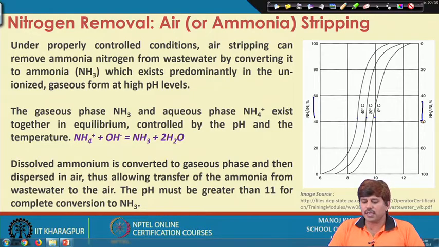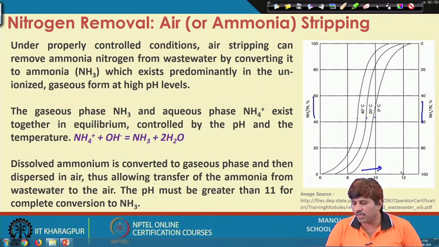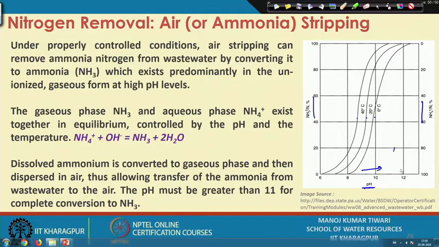So, just by controlling the pH, particularly if we move the pH towards the alkaline zone, say around 11 or 12, we see that the maximum portion will actually be in the form of ammonia gas and not the ammonium ion.